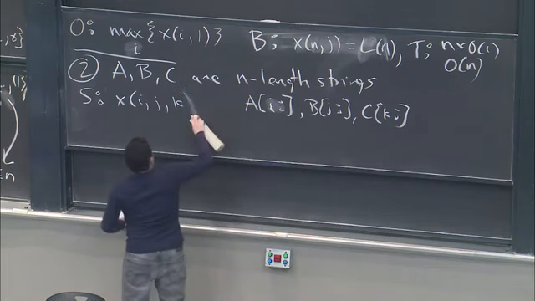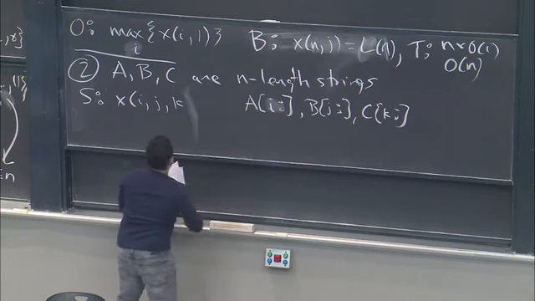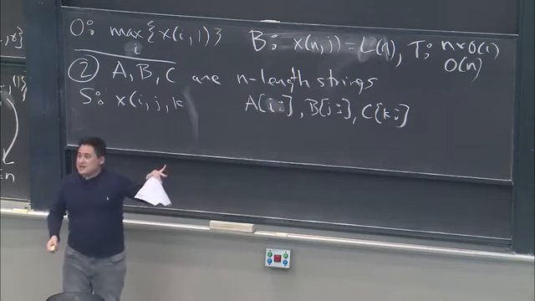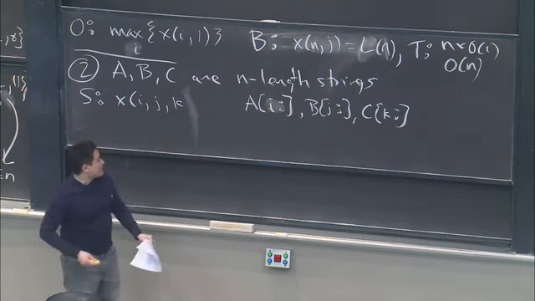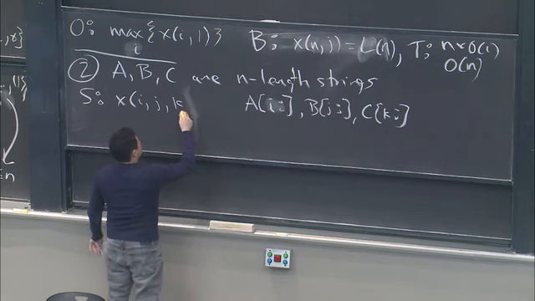So what we're going to do is remember or figure out how many things I'm still needing to match in C to Alice and Bob. Right? So I'm going to call this K_i.